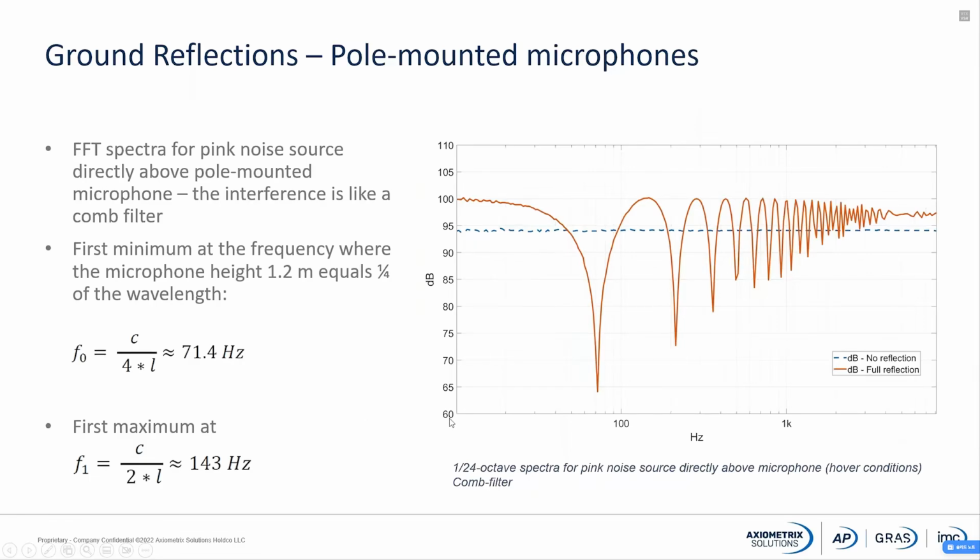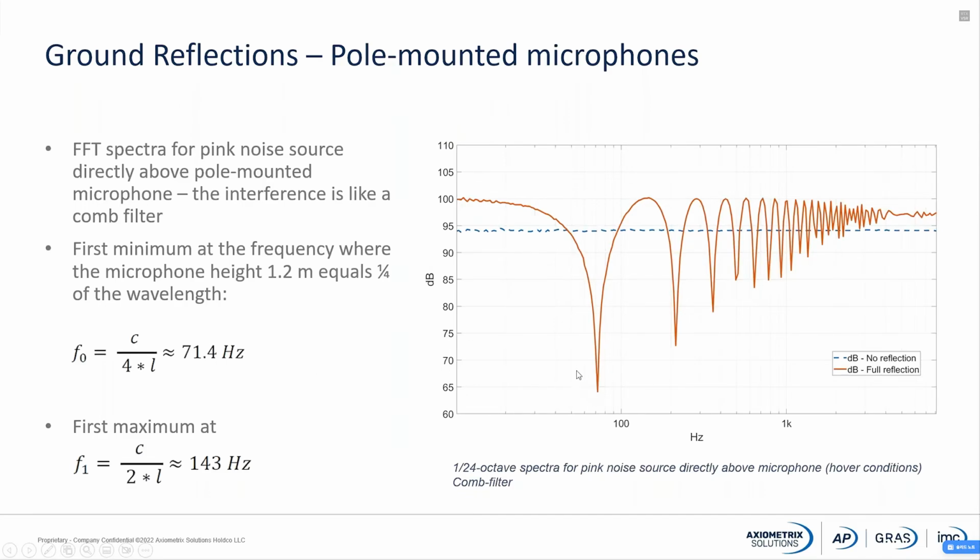So if we are changing the frequency from 0 hertz up to 10 kilohertz, you will see an octave spectra of this size. What is actually happening here is that we can calculate, for 1.2 meters above the ground, that we will have a minimum or a dip here at 71.4 hertz.